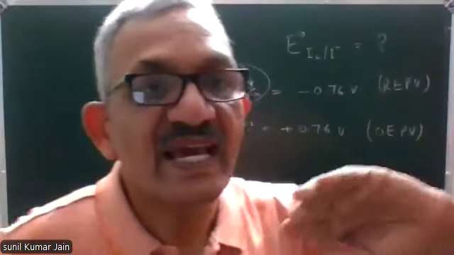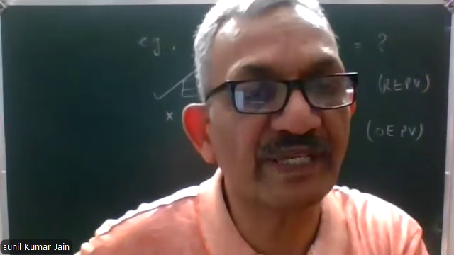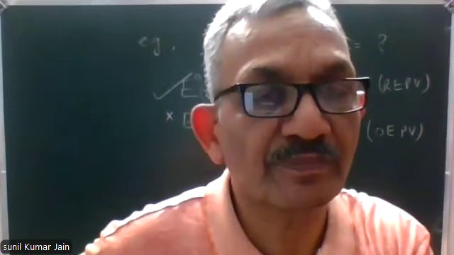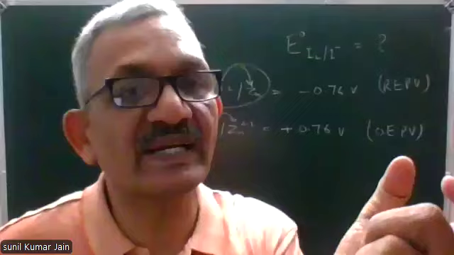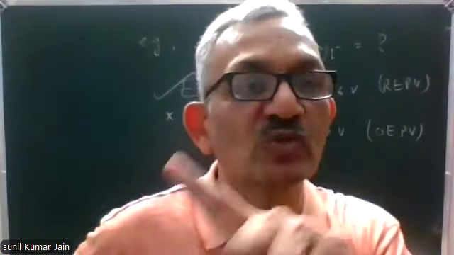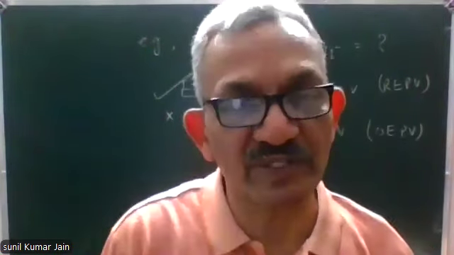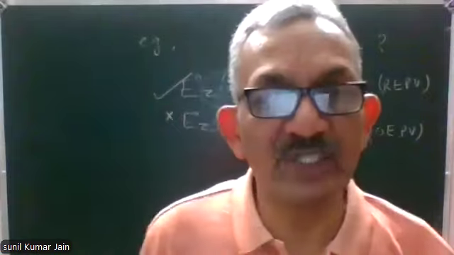If I say Fe plus 3 oblique Fe plus 2, REPV. Plus 3 changes into plus 2 by gaining one electron, that is reduction. But if I write Fe plus 2 oblique Fe plus 3, that will be oxidation. That will be OEPV. We'll have to change the sign. Good. Next topic.